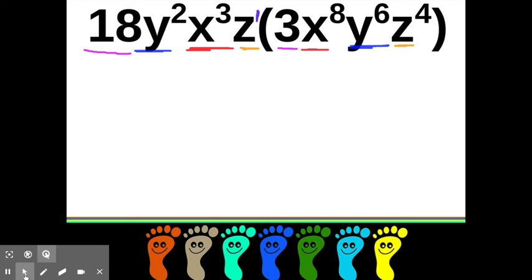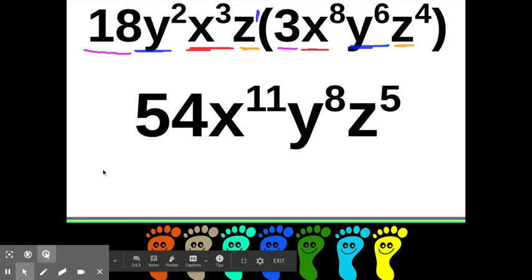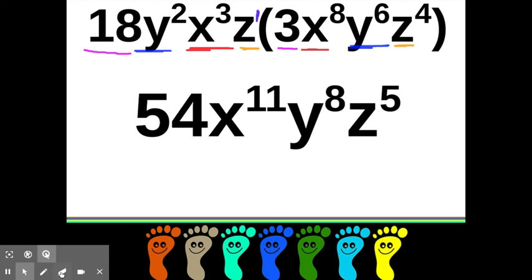And we will write our final answer in standard form, which means I'm going to put my variables in alphabetical order. So 18 times 3 is 54. X's have exponents that add to 11. Y has exponents that add to 8, and z has exponents that add to 5. This is my simplified monomial answer.